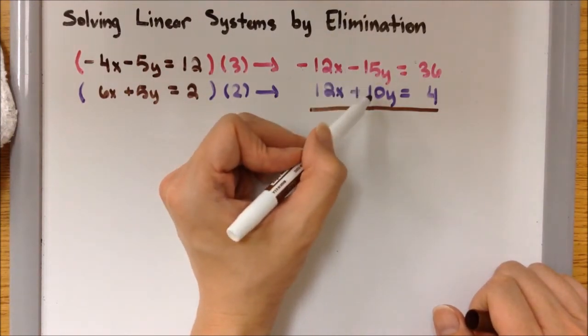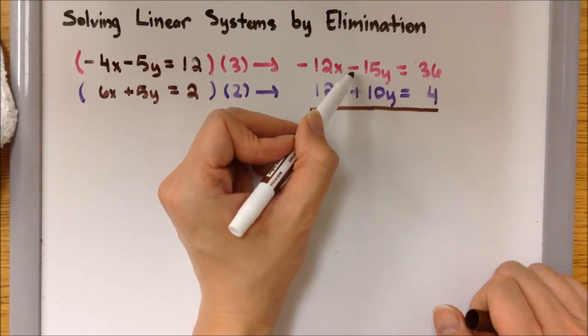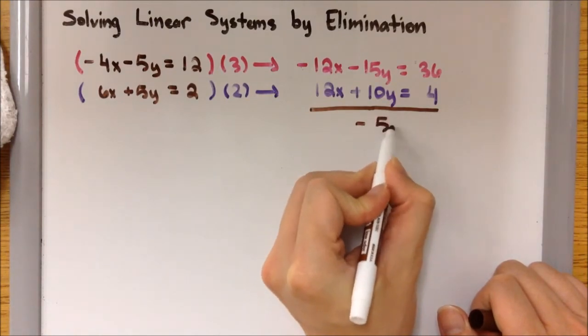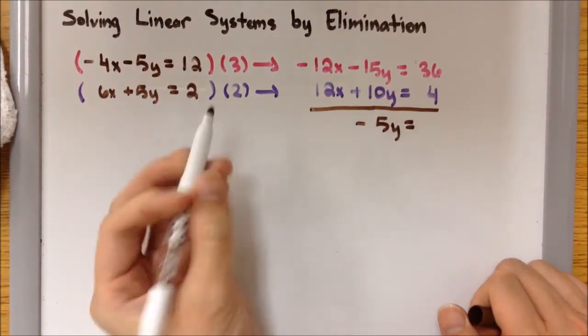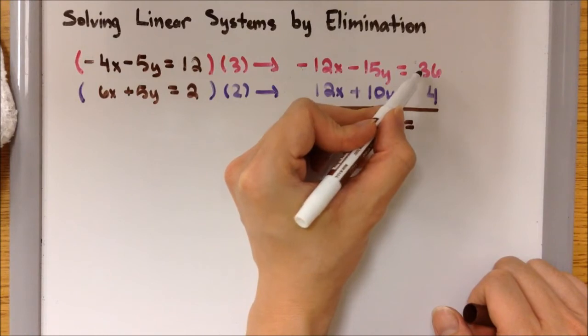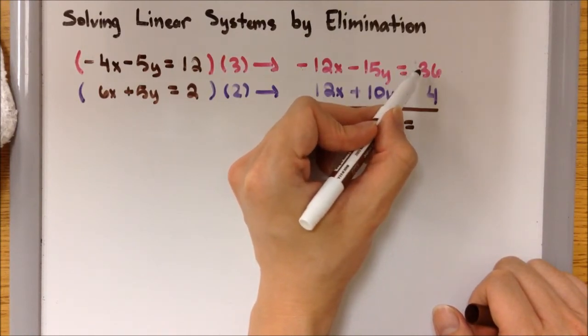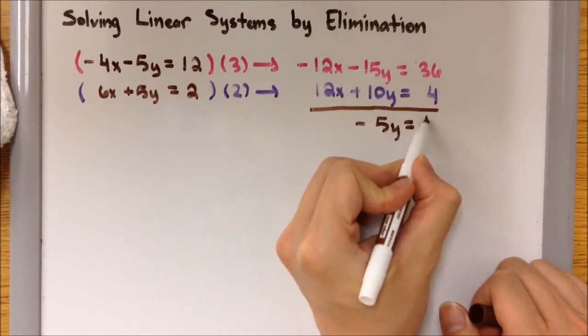When I combine the y's together, negative 15 plus 10 will be negative 5y. Positive 36 combined with positive 4, so 36 plus 4 will be 40.